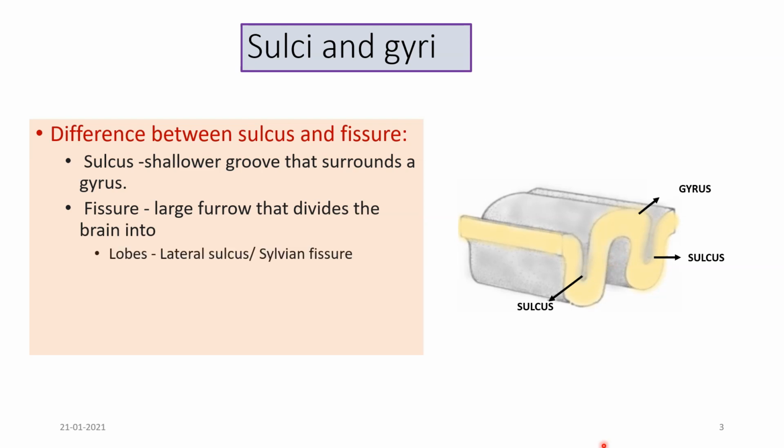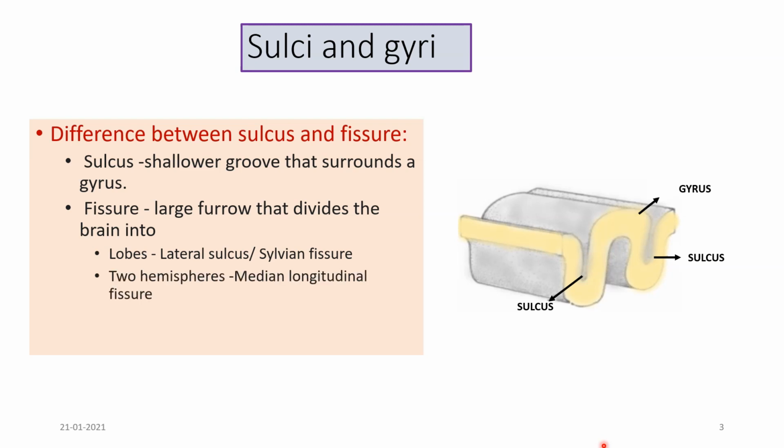Whereas a fissure is a large furrow that will divide the brain into either two lobes, as in the case of the lateral sulcus or Sylvian fissure, which separates the frontal from the temporal lobes of the cerebrum on the superolateral surface.